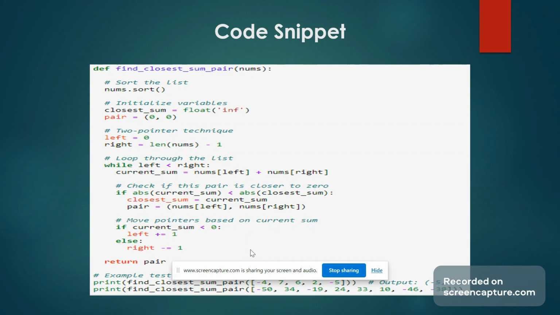So from the code snippet, we can see how the data structure is followed, and how the closest sum and best pair are initialized, and how the left and right pointers are set to the index 0 and to the index of the last element.